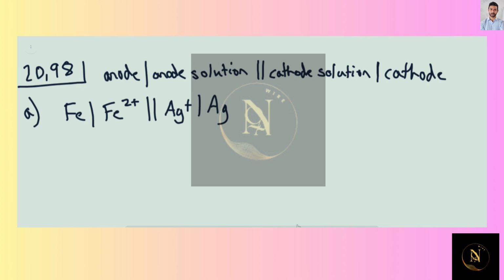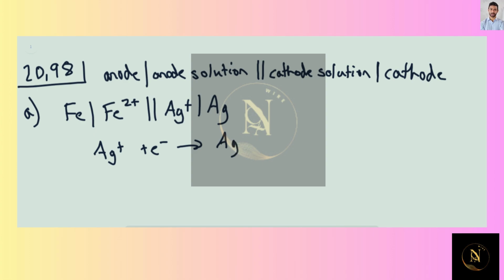So now we can write the two half reactions. First, we can write the reduction, which is going to take place at the cathode. So we have silver plus, plus 1 electron, producing silver.